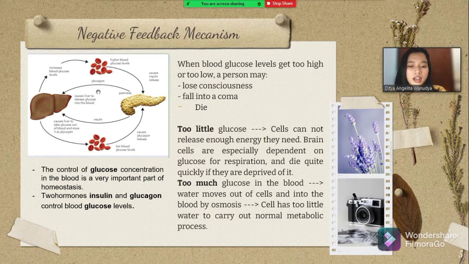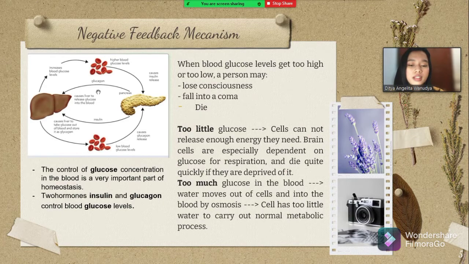And the other example is if the body has too much glucose in the blood, water moves out of cells and into the blood by osmosis.